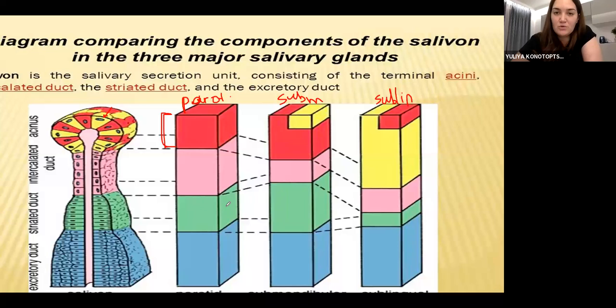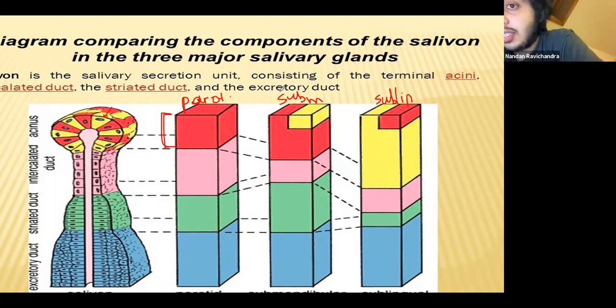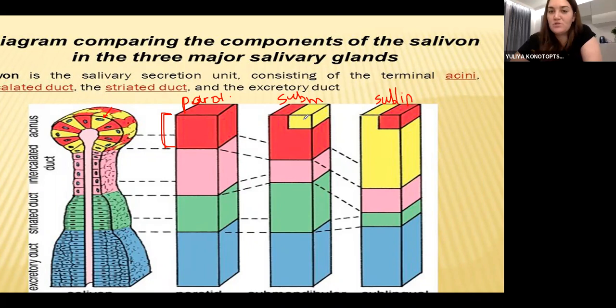Submandibular, which acini are dominant? Serous, okay, with a little bit of mucus. So the ratio of acini is towards serous in the submandibular. In the sublingual, as you can see, it is the opposite. Majority of the acini are mucus. Now, how are the ducts?